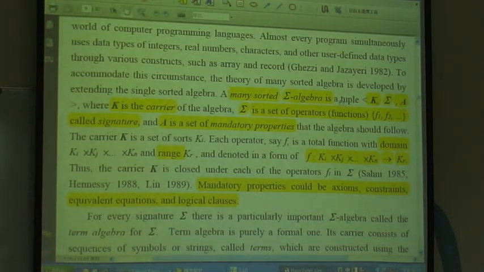Actually, it's still a tuple, K, sigma, A. K is a carrier of the algebra. This 跟那个前面的 K is the same thing, the same idea. Sigma, however, it can be a many-sorted. 啊，前面就是一个 sort，一个 data type，比如说自然数就是自然数，实数就是实数。在这边呢，我们这个 K 啊，我们可以让它是自然数、实数，可以是文字，可以是任何一个东西，都在里面混在一起。So here the K can be a many kinds of data type, include different kind of data type.